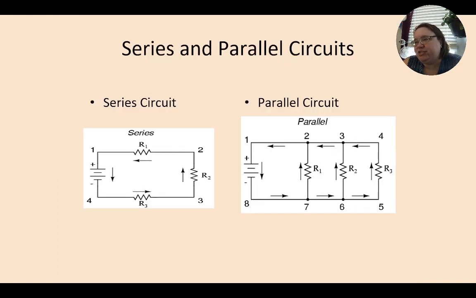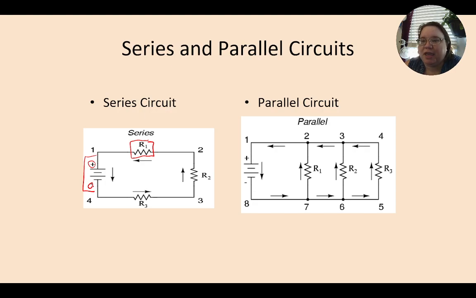2 quick illustrations side by side, series circuits versus parallel circuits. Remember, these little resistors, they could be light bulbs, they could be phones, TVs, anything that runs off of electricity. Anywhere you see a positive and a negative, that is representing your battery.